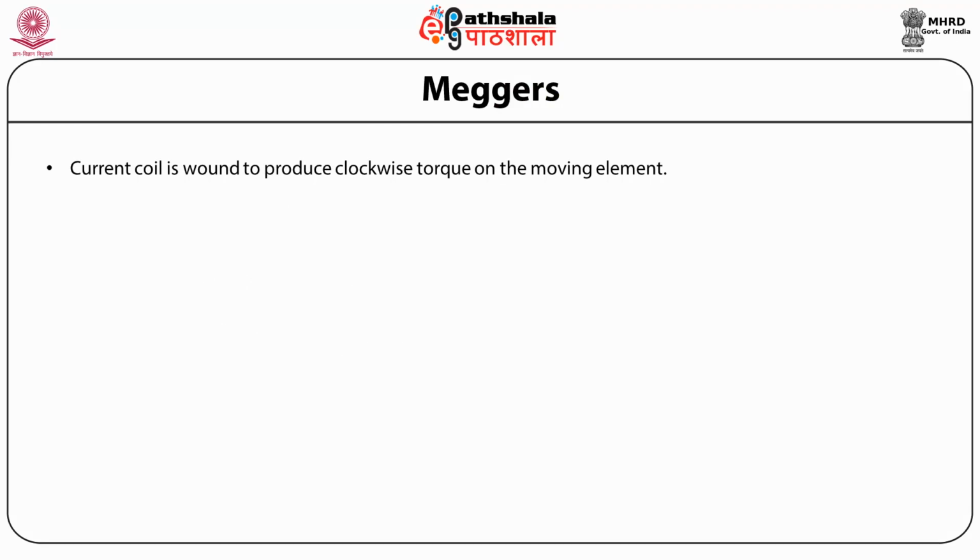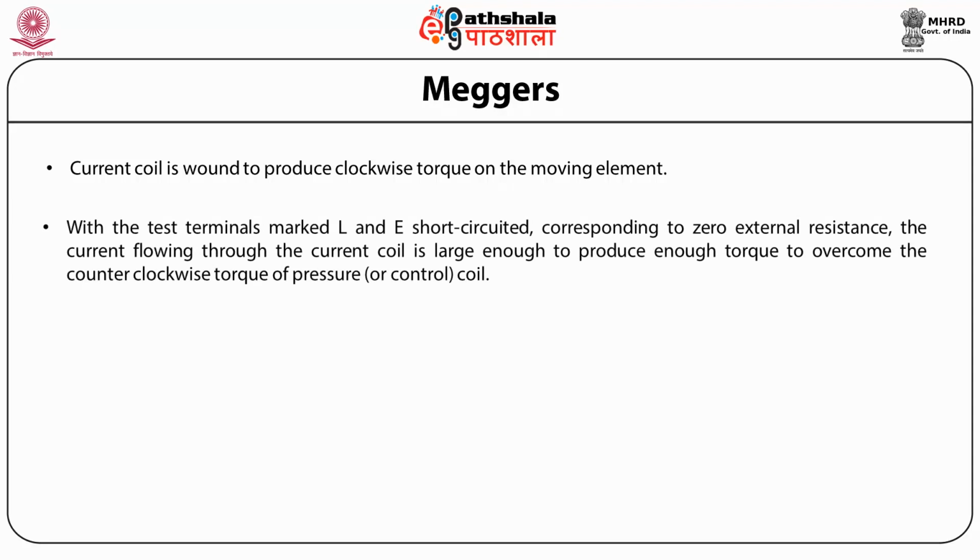The current coil is wound to produce clockwise torque on the moving element. With the test terminals marked L and E short-circuited, corresponding to zero external resistance, the current flowing through the current coil is large enough to produce enough torque to overcome the counterclockwise torque of the pressure coil.